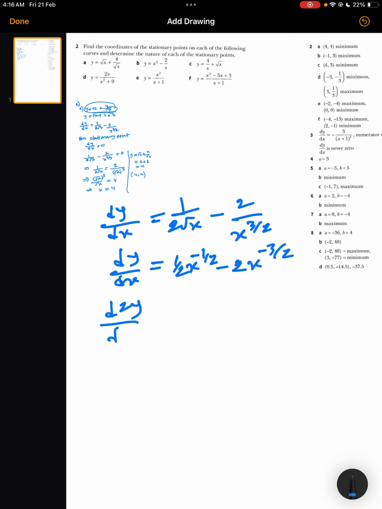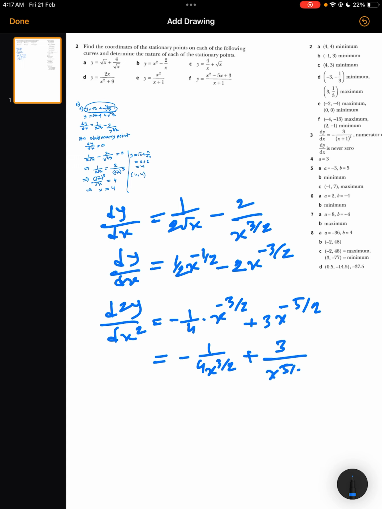So the second derivative would be minus 1 by 4 x to the power minus 3 by 2 plus 3 x to the power minus 5 by 2. So it becomes minus 1 by 4 x to the power 3 by 2 plus 3 over x to the power 5 by 2.